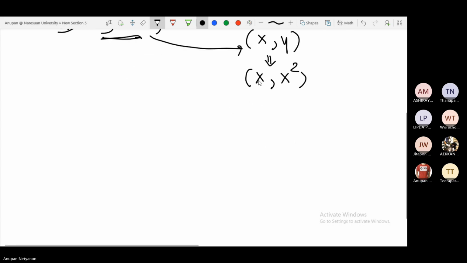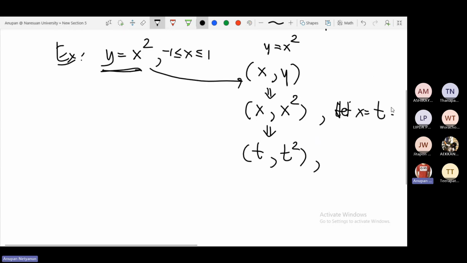And since I have x here and x squared here, let me let x be my new variable t, okay? So this becomes t because x equal to t, right? And t squared. And we can see that since x equal to t, t is running from -1 to 1.